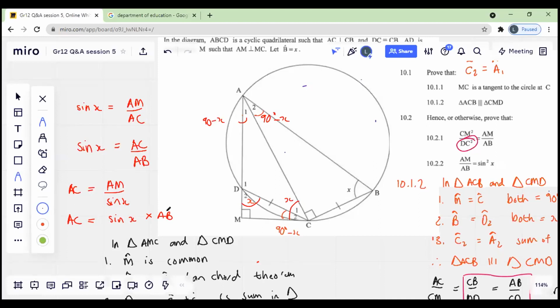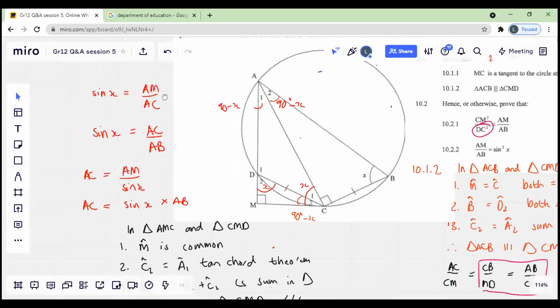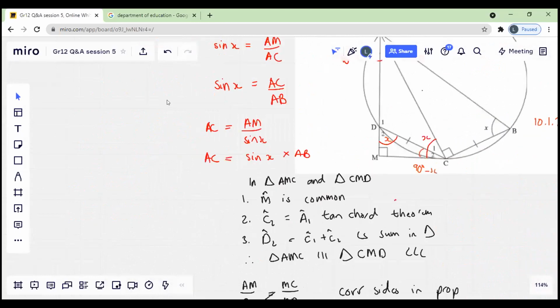Okay, so if those two are equal to one another, it's just a manipulation, isn't it?